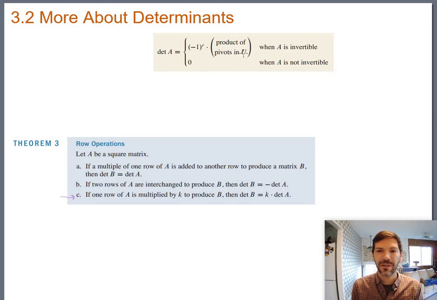All those row operations don't change the determinant unless you happen to swap two rows. So U here is your upper triangular matrix, and R is the number of row swaps.